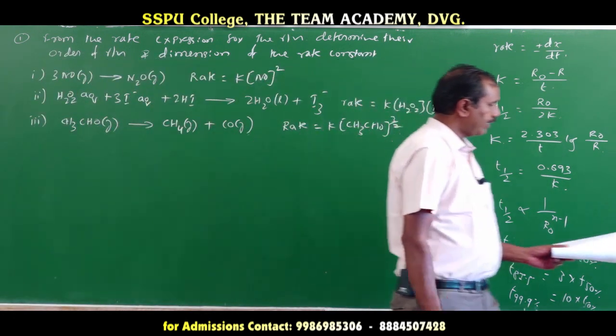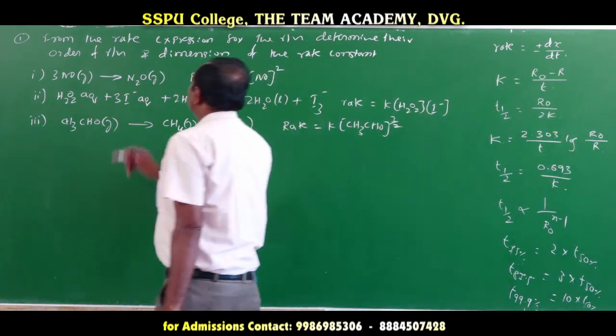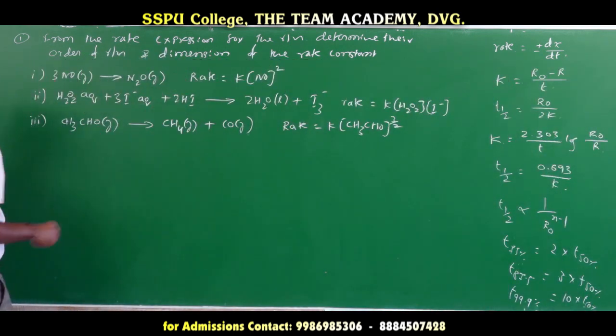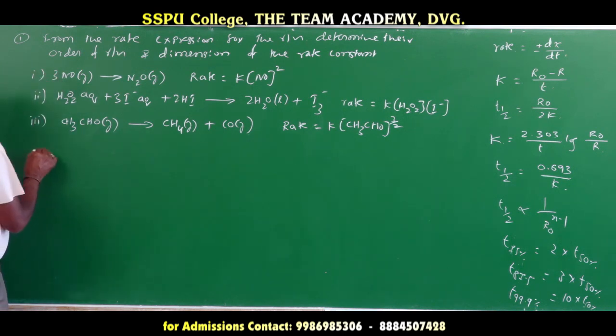So he told that from the rate expression of those reactions, determine their order, and how to write the unit for the rate constant of those reactions. Let us consider the first one.